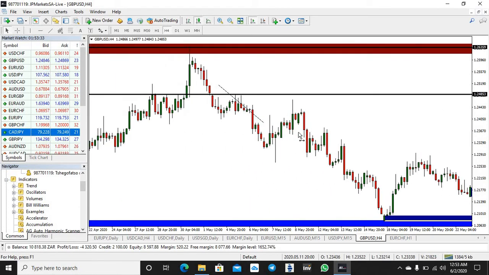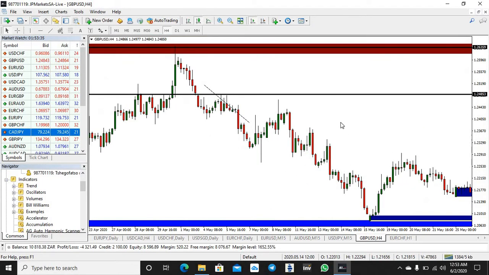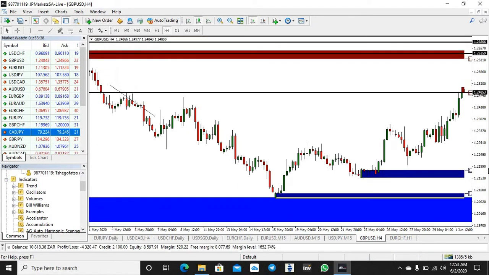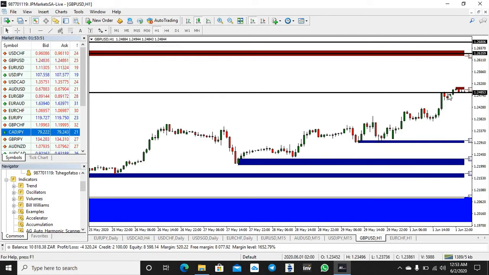We check our support and resistance. Our resistance is going to be up there. If our resistance is up there, it's telling us that this is going to buy up until this resistance.